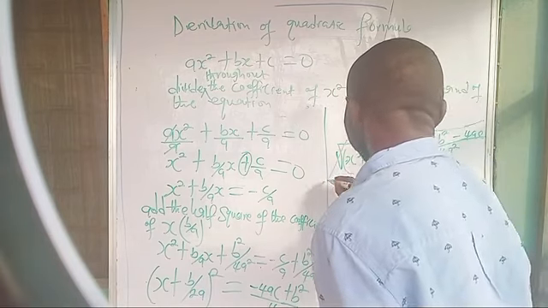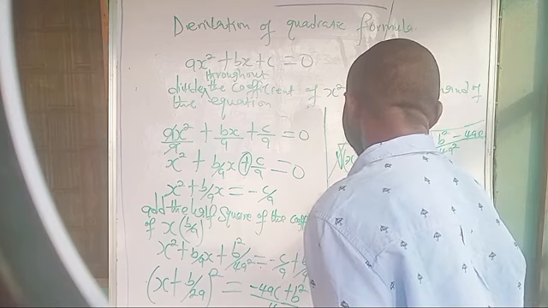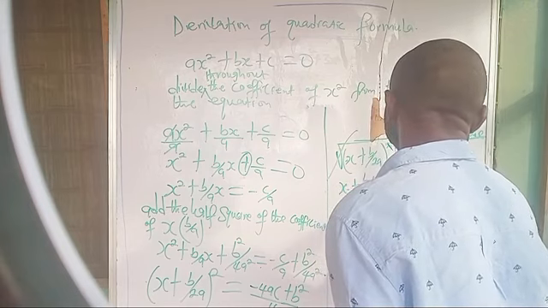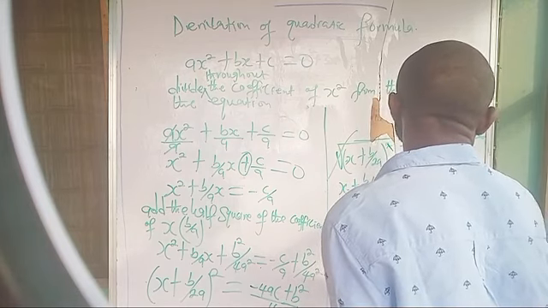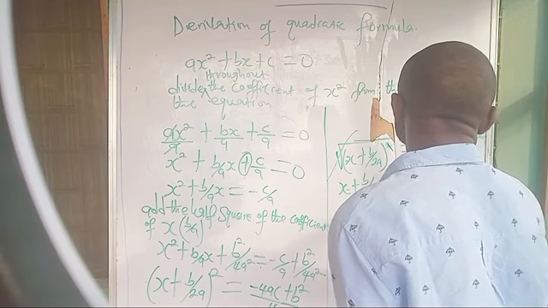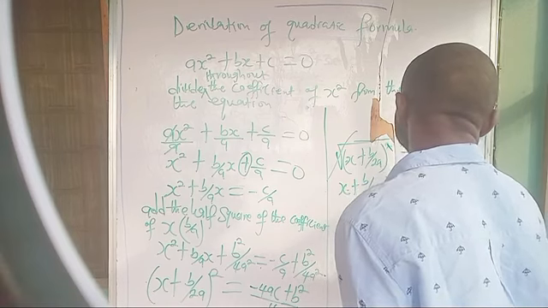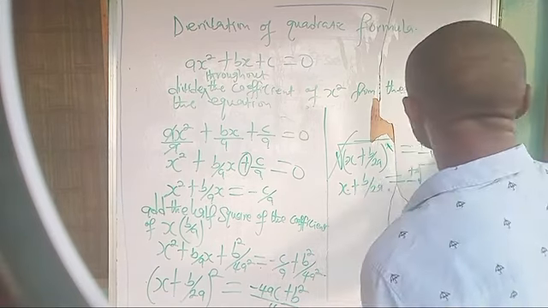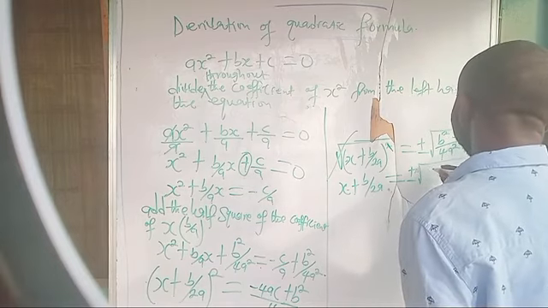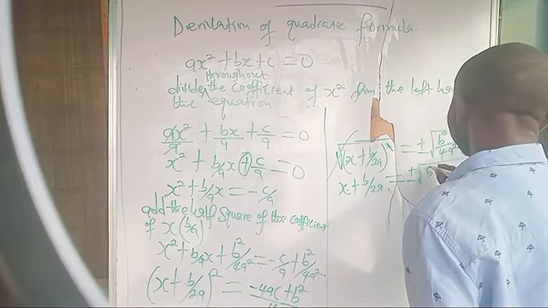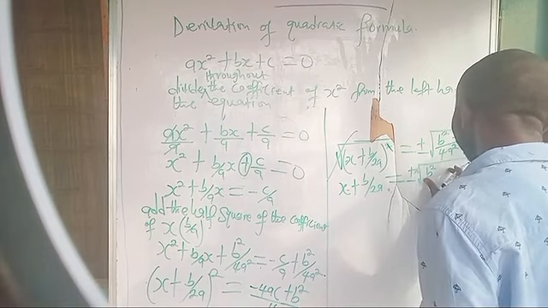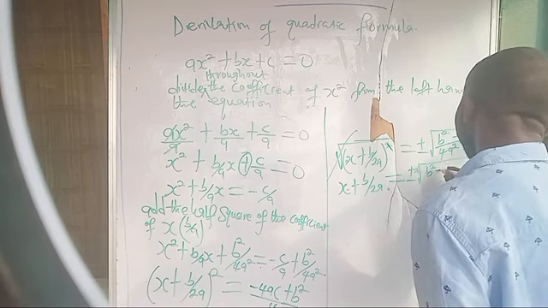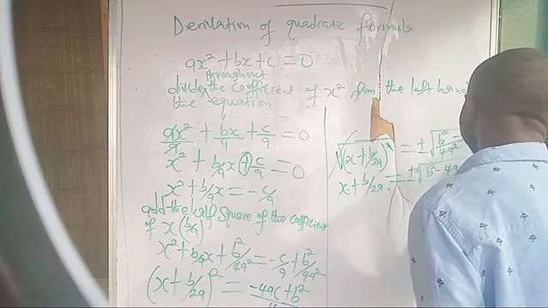The square will remove the square root, and we have x plus b all over 2a is equal to, and in taking the square root, that brings about plus or minus. So we now have plus or minus the square root of, in the numerator, we cannot take the square root of b squared minus 4ac, so we just have b squared minus 4ac.